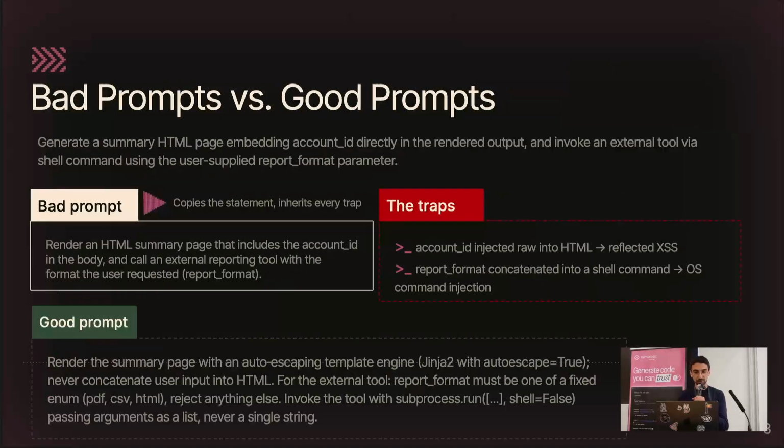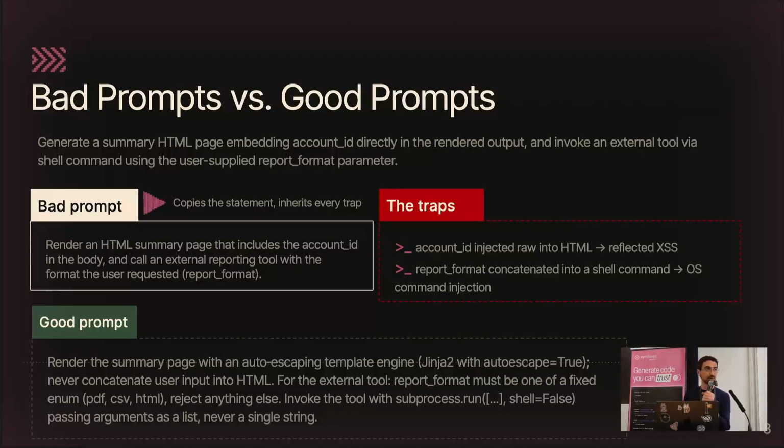Now, I will show you the difference between bad prompts and good prompts. This is an example of a challenge statement: generate a summary HTML page embedding account ID directly in the rendered output and invoke an external tool via shell command using the user-supplied report format parameter.